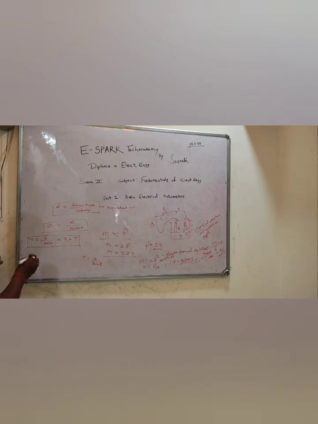The m is the mass, E is the equivalent weight, I is the current, T is the time in seconds.